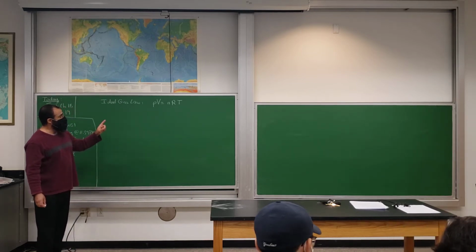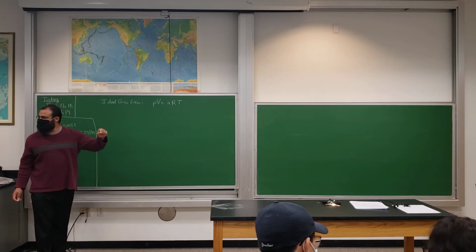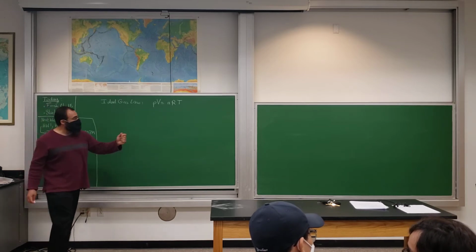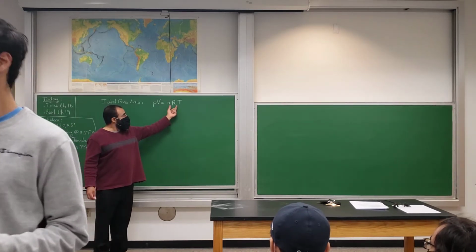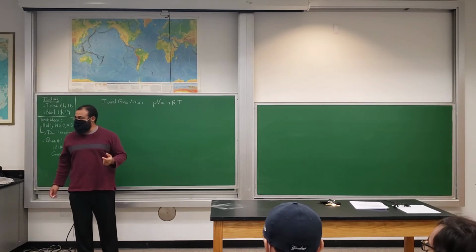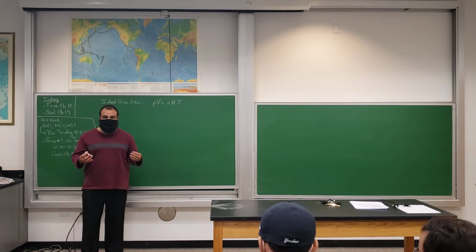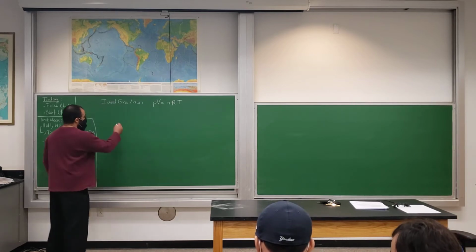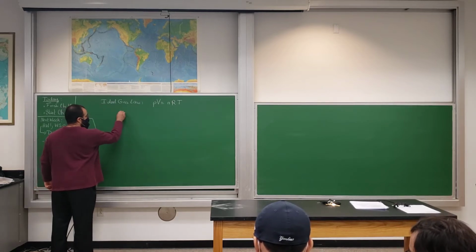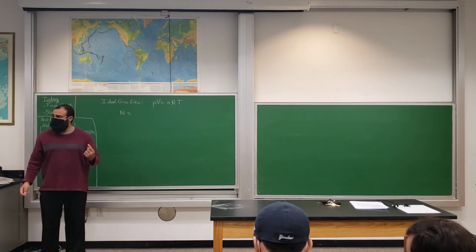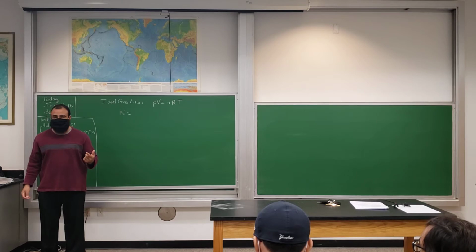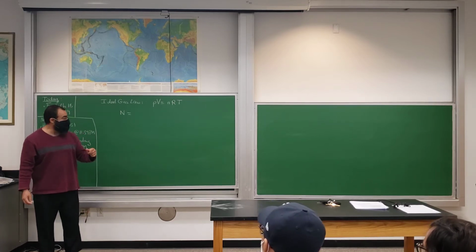And now I want to write this in terms of a different unit. So this one counts the number of moles. And I want to write it as the number of atoms themselves, the number of atoms or particles. So remember that if you have 1 mole, what's the number of particles? 6.02 times 10 to the 23, great.